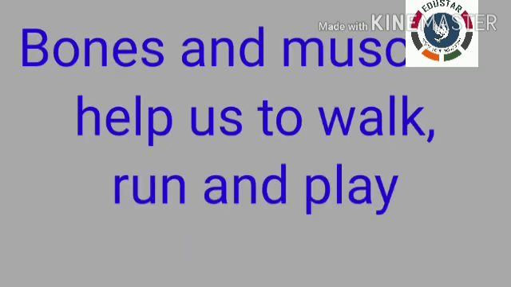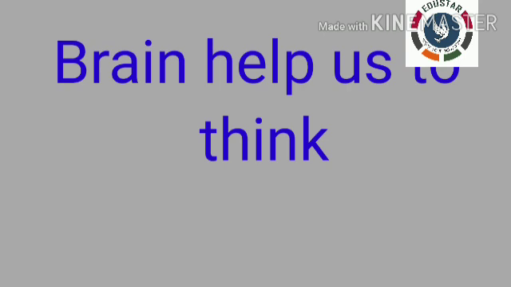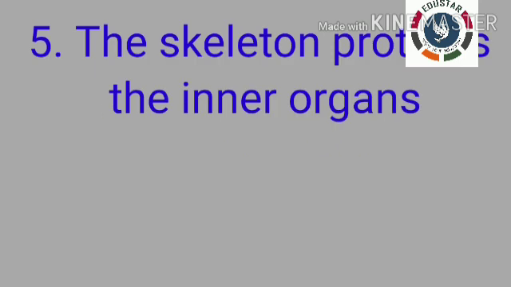Next, bones and muscles help us to walk, run and play. Whether it is true or not? Yes, it is true. Brain helps us to think. What is the answer? True. Fifth one, the skeleton protects the inner organs. Is it true? Yes, this is true.